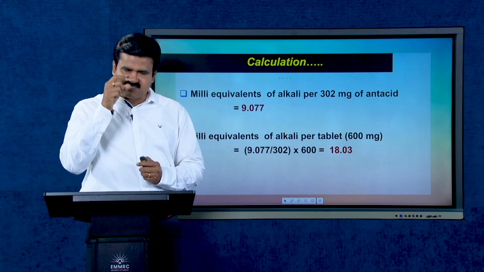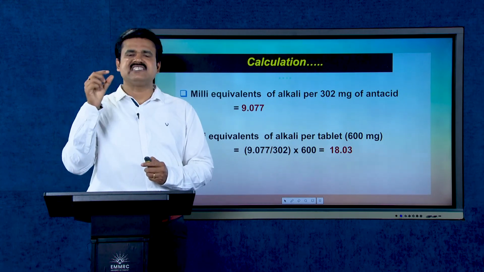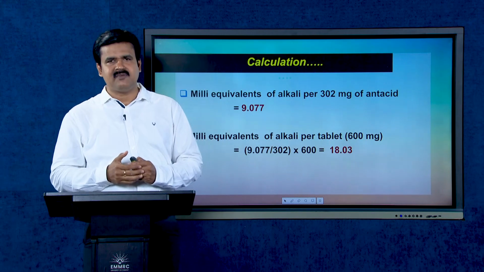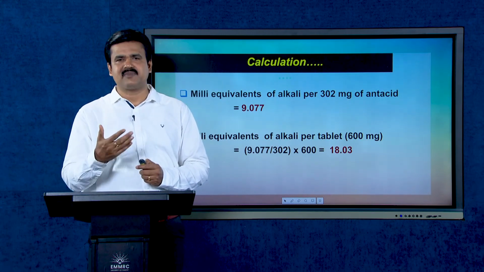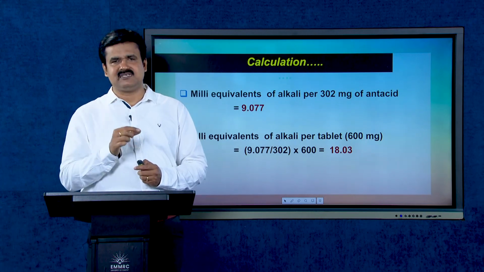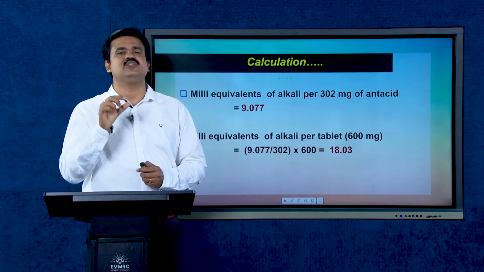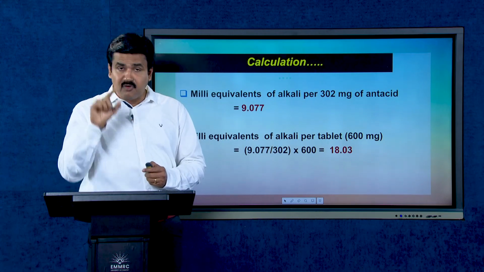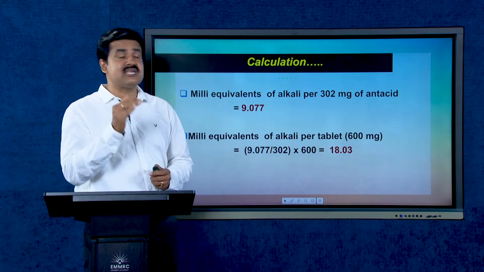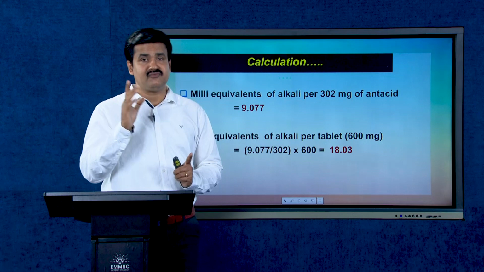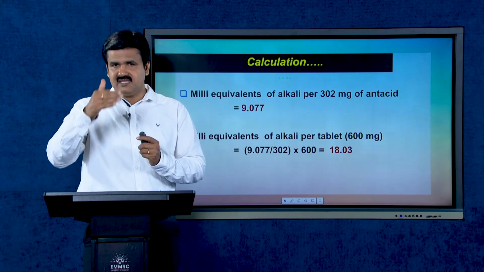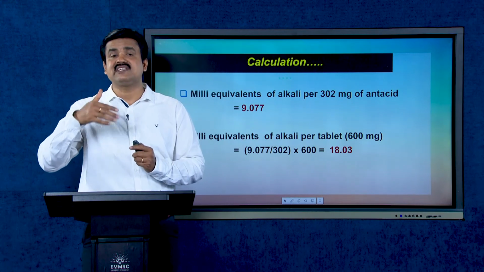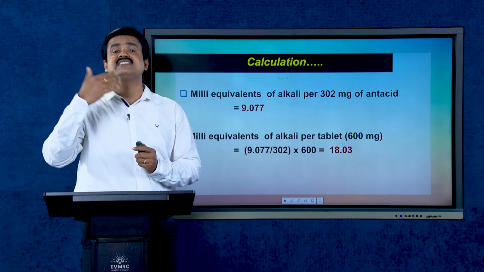Milli equivalent of alkali per tablet is the next part of the calculation. The antacid tablet has its weight marked as 600 milligram, and now we are going to find out milli equivalence of alkali present in a particular tablet. The tablet is having a weight of 600 milligram. We performed the entire calculations by weighing out 302 milligram of antacid. So, we have to transform this milli equivalence into the milli equivalence per tablet, that is per 600 milligram.